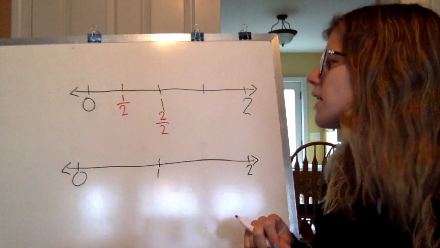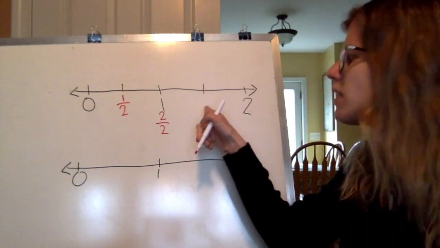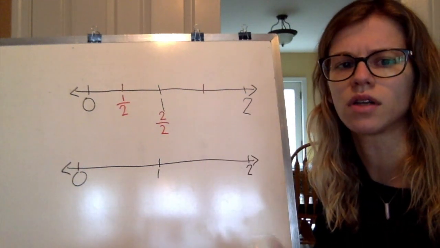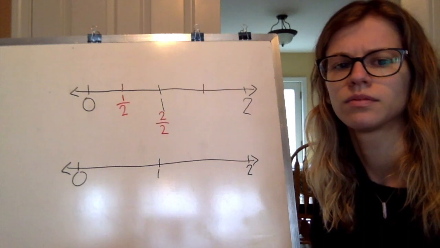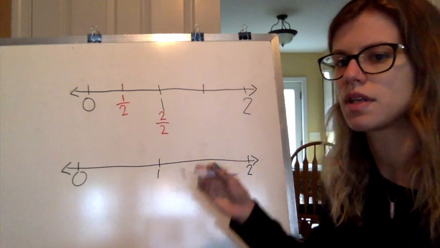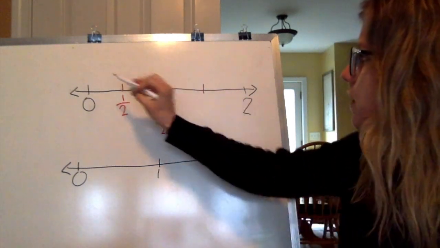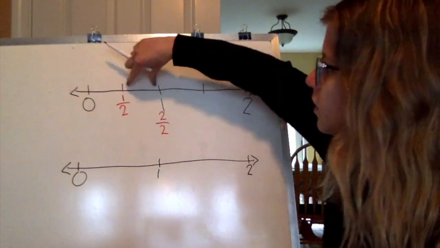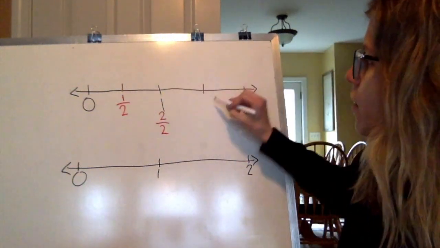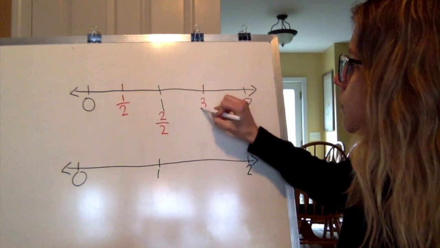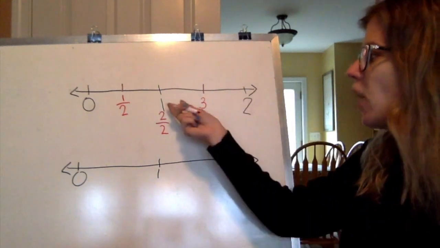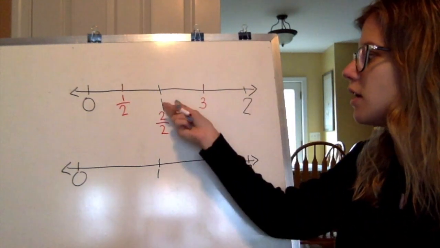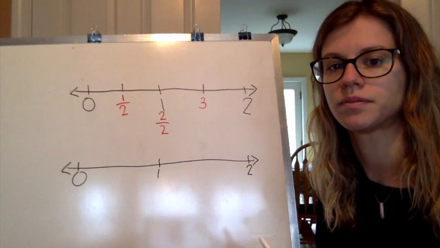So what would I label? How many half blocks has he gone so far? Let's think. He's gone 1, 2, 3 half blocks. But what's my denominator of my whole?